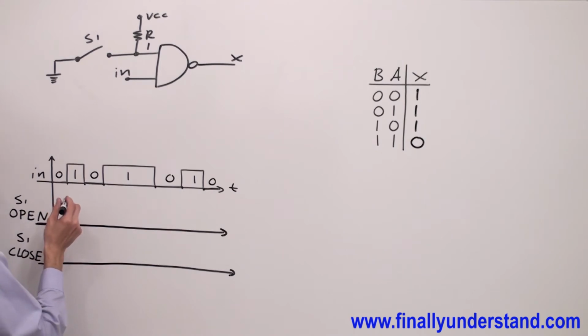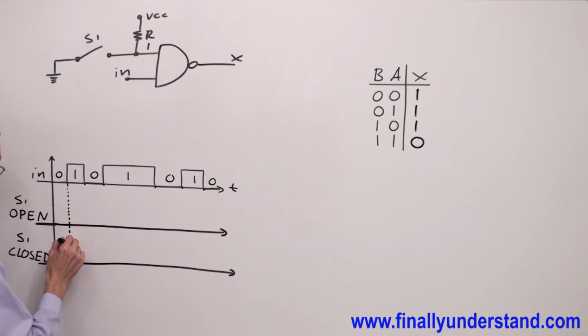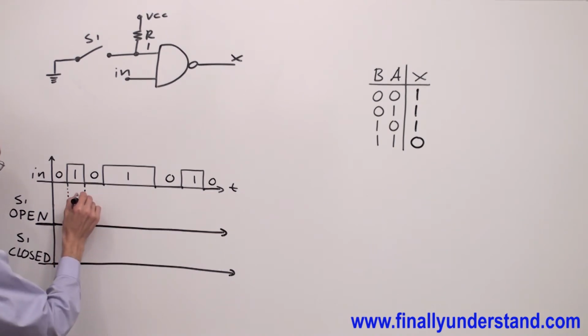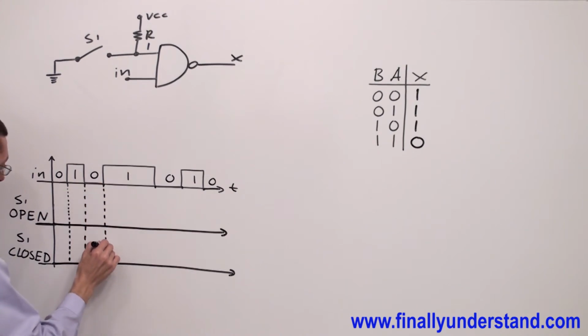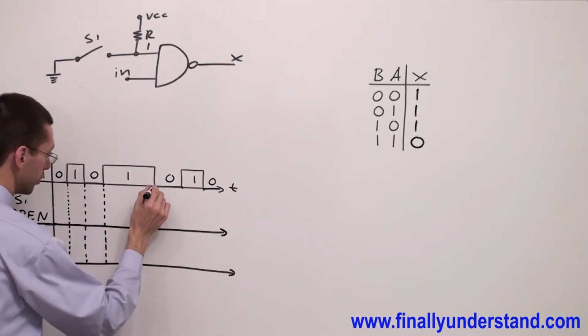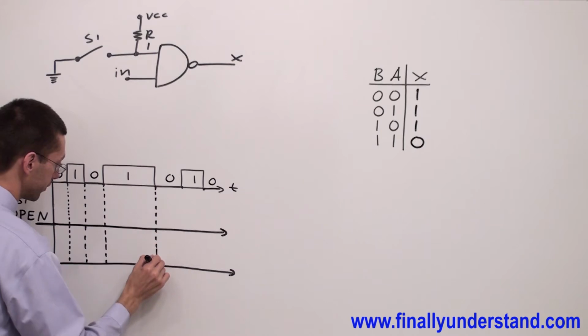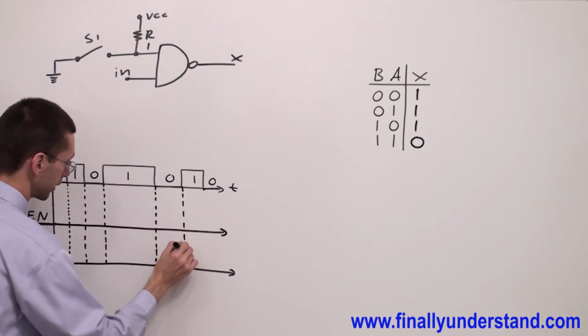Now we have the input waveform, and anytime we want to find the output waveform, we're supposed to draw a dash line at every single change of the input waveform. Okay, like always.